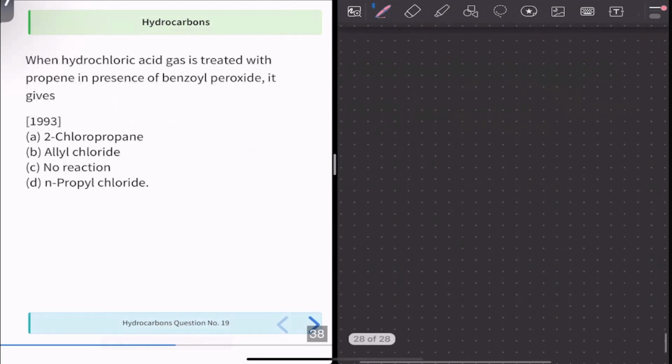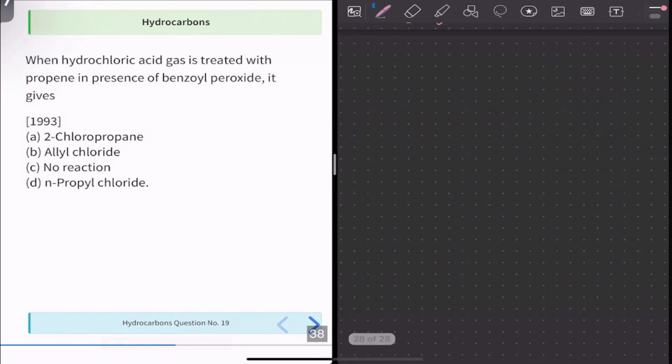When hydrochloric acid gas is treated with propane in presence of benzoyl peroxide, what does it give? So there is a molecule propane. It reacts with HCl in presence of benzoyl peroxide. You might be wondering that this will follow the electrophilic addition reaction, and since we have peroxide alongside the HCl, it will follow the anti-Markovnikov rule.